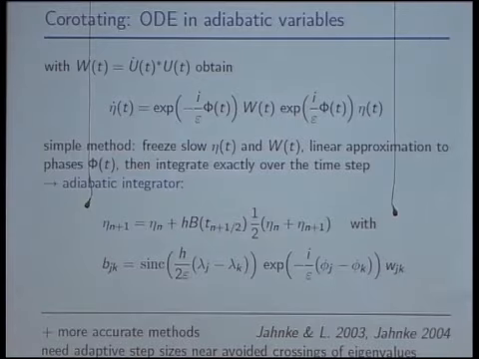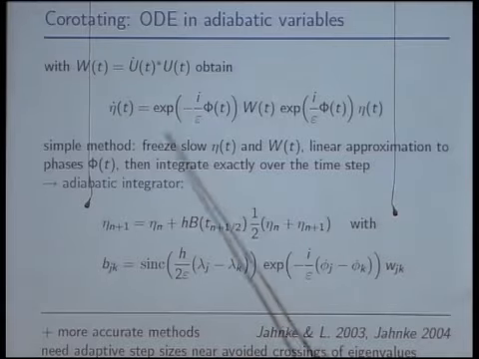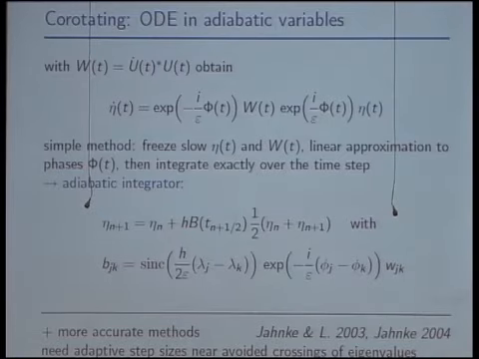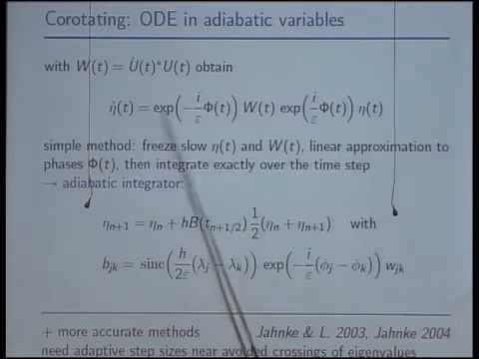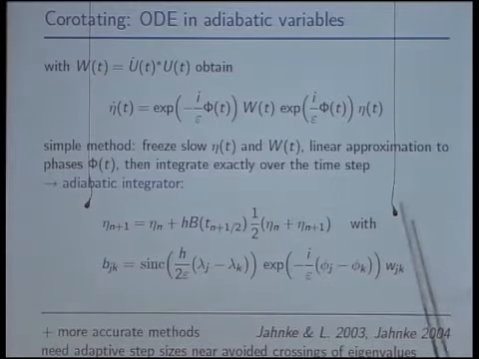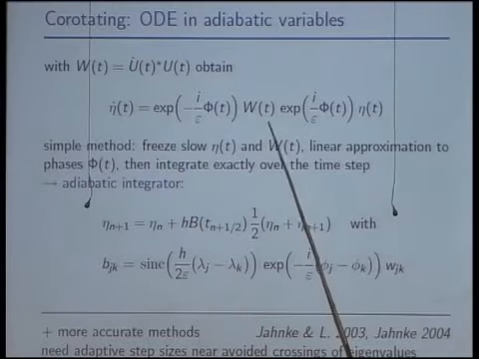Now we can think of approximating the problem in these adiabatic variables eta. And we just note what are fast and slowly varying quantities in this equation. Now we see eta dot is bounded, so eta is changing slowly. W of t doesn't contain the epsilon, so we consider this as a slow quantity.